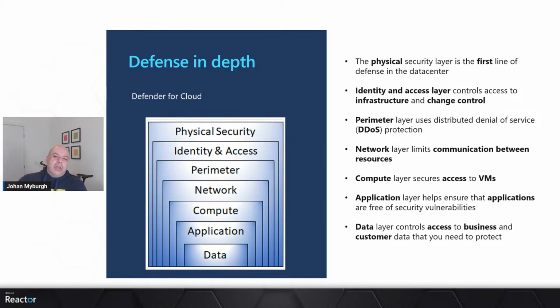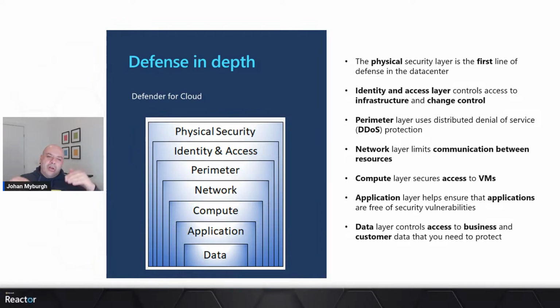So if you contrast this to the OSI layer, where we've also got different layers on our networking areas, you want to ensure that there's defense in depth on the OSI layers as well, right? Including on all of these components: your physical security, access to the data center and the physical servers, identity and access, your perimeter, your network, for example, the compute components, the actual virtual machines, and on top of that, your application and data, right?